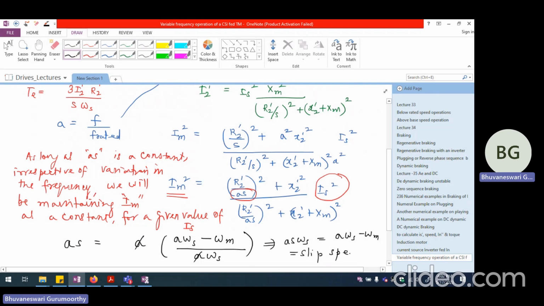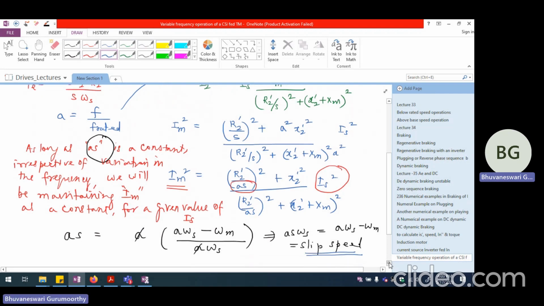So this is actually slip speed. So when we say AS is maintained as a constant, that essentially implies that I'm going to maintain slip speed as a constant. So if I'm keeping slip speed as a constant, whether it is a current source fed induction motor drive or a voltage source fed induction motor drive, it doesn't matter. It is going to hold the flux as a constant. That's what it implies.